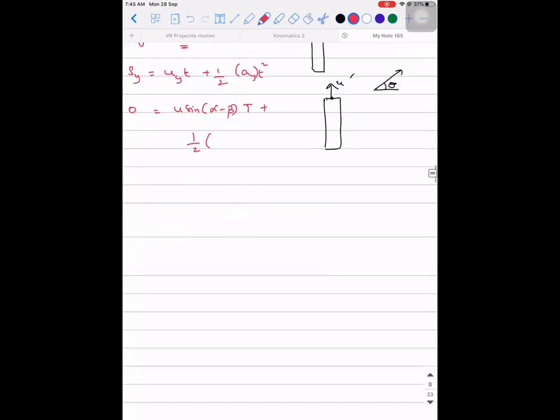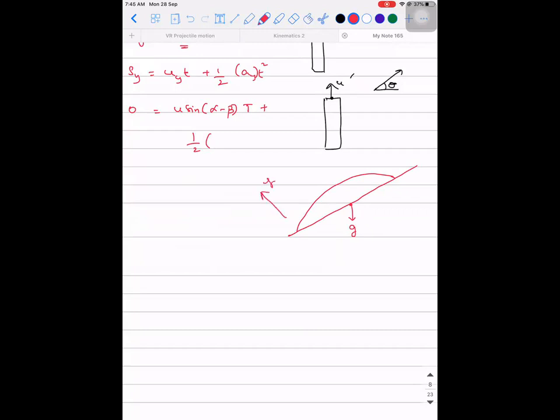This is where you need to be careful again. When it is going like this, acceleration due to gravity is vertically in the downward direction. But what did we take as the y direction? This is the y direction.